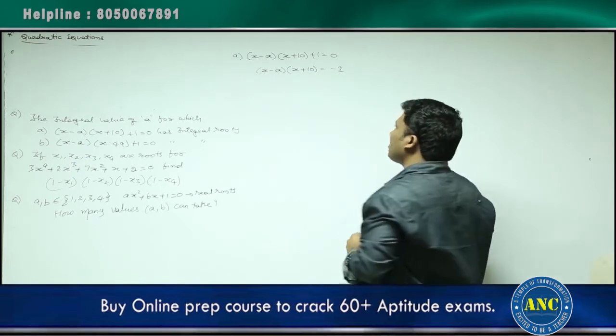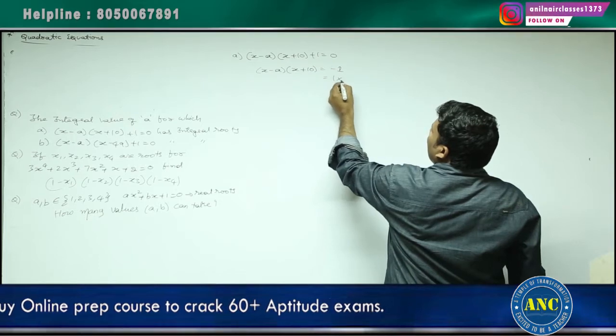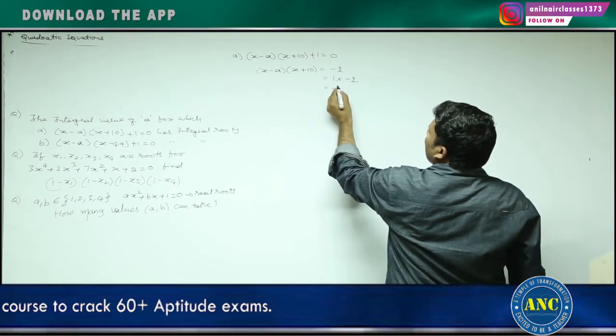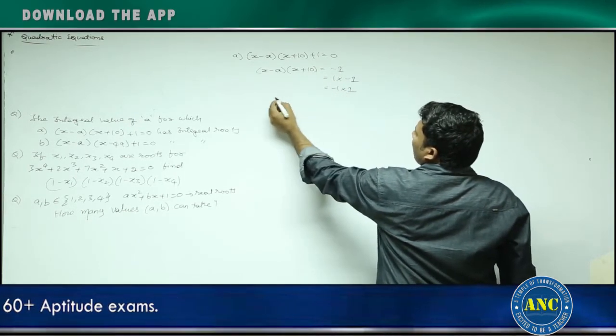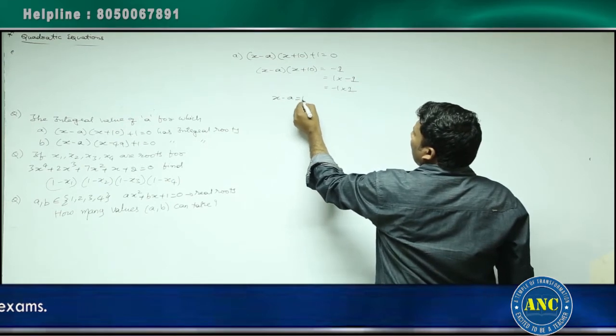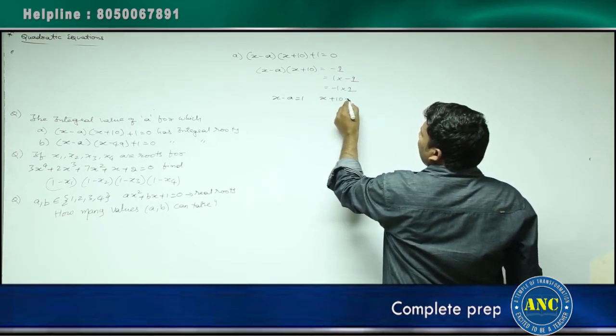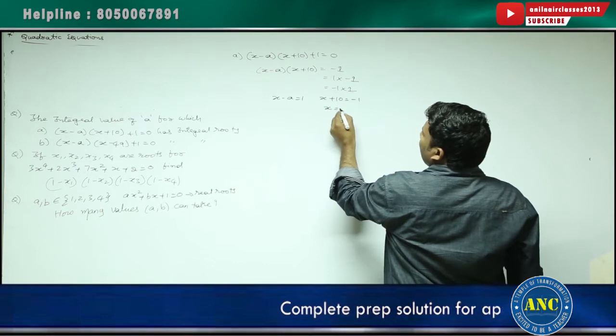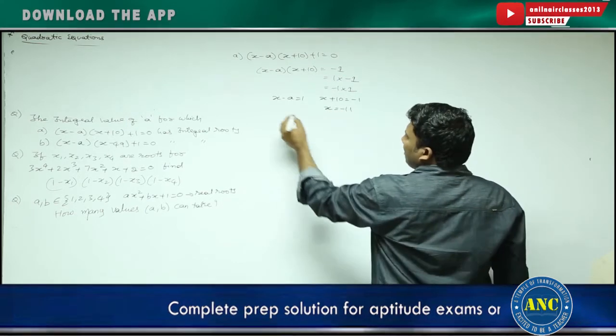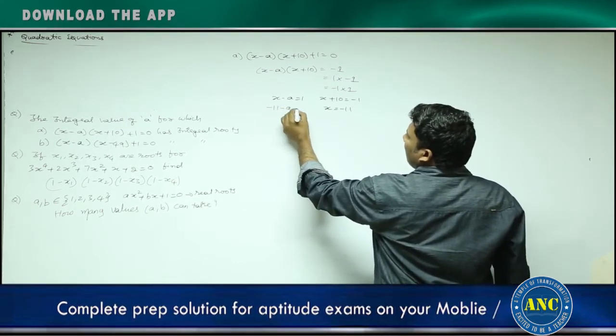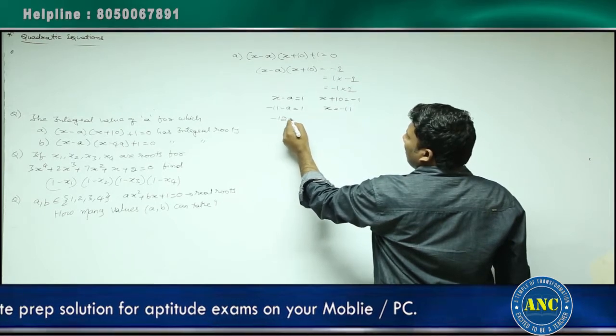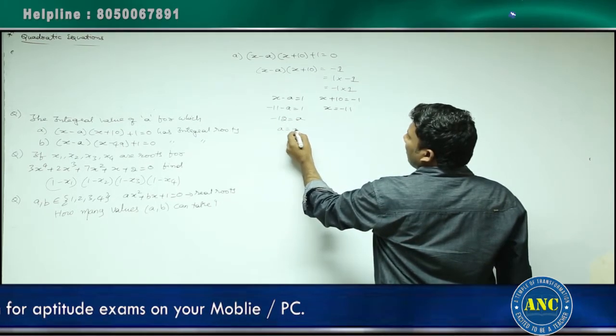Minus 1 is a product of two integers: 1 into minus 1, or minus 1 into 1. So x minus a is 1, x plus 10 is minus 1. x will become minus 11. If x is minus 11, minus 11 minus a is 1, so a will become minus 12.